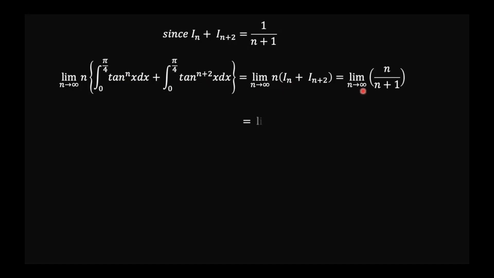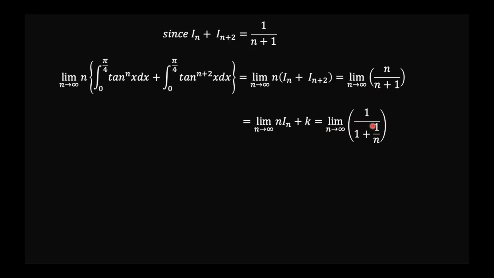And that means the same as n times I_n in the limit, plus the constant which we previously showed to be equal to k, which is equal to the limit as n tends to infinity of n times the integral of tan to the power n plus 2 from 0 to pi over 4, and also tan to the power n minus 2 equally, so they are all equal to a constant.